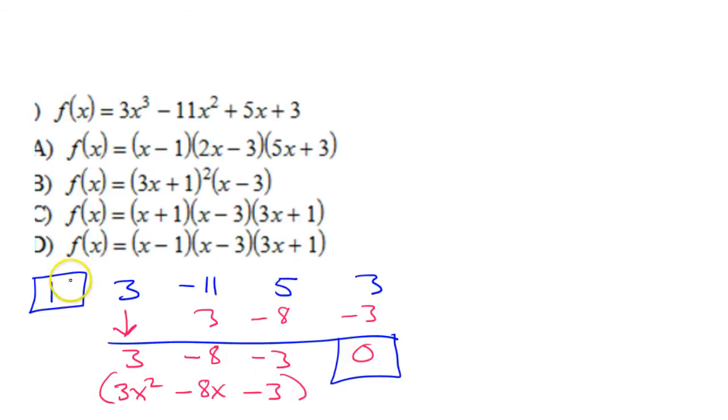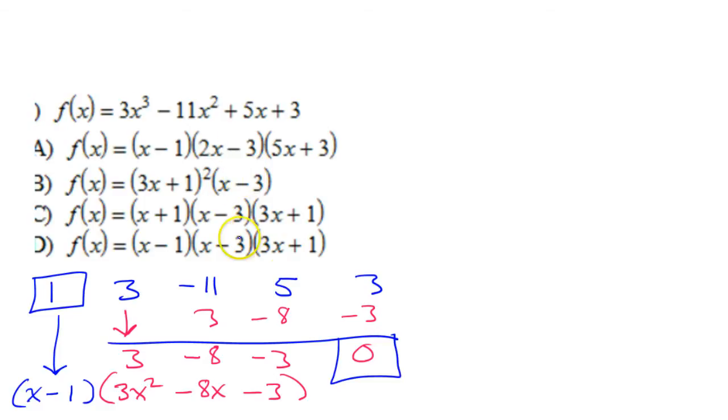The 0 or root that we got off the calculator corresponds to a factor of x minus 1. So if I have a +1 root, then x minus 1 must have been the factor. So now I have factored the polynomial. I have x minus 1 times this trinomial.